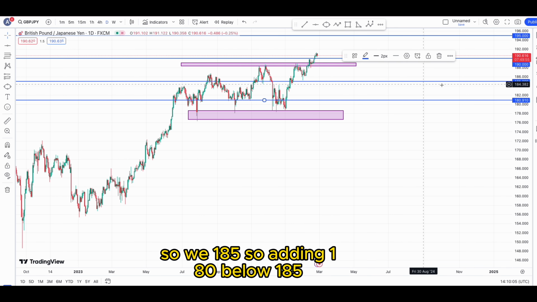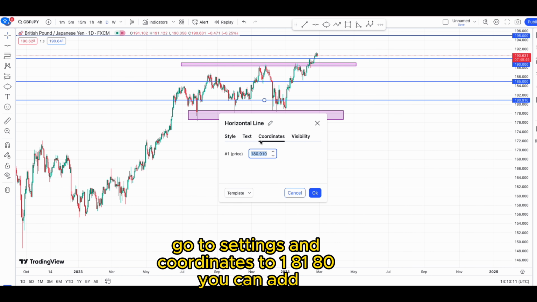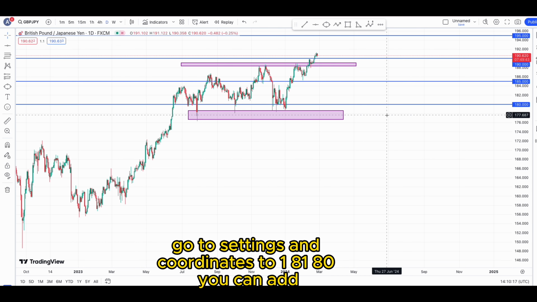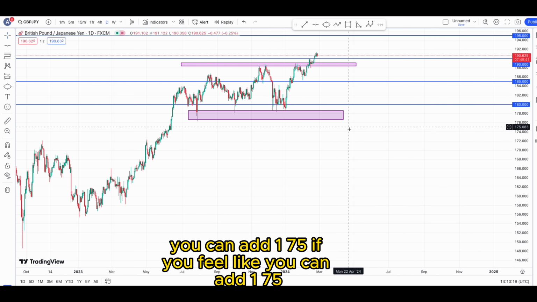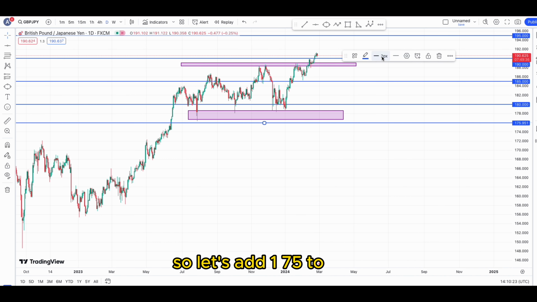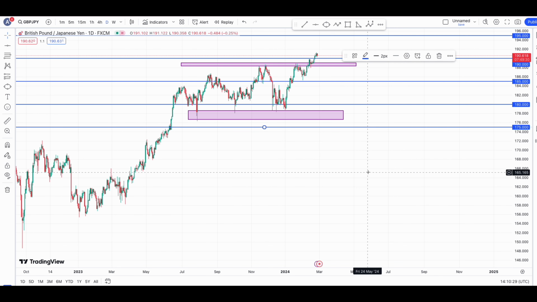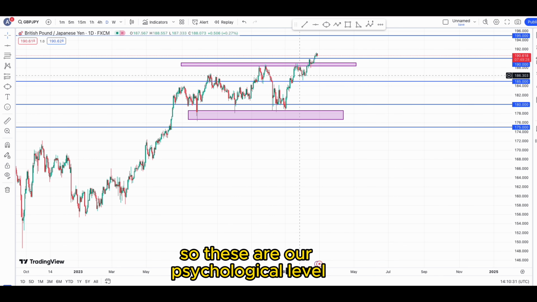So we have 185, so we're adding 180 below 185. Go to settings and coordinates. So 180. You can add 175 if you feel like. You can add 175 to our zones. So these are our psychological levels.